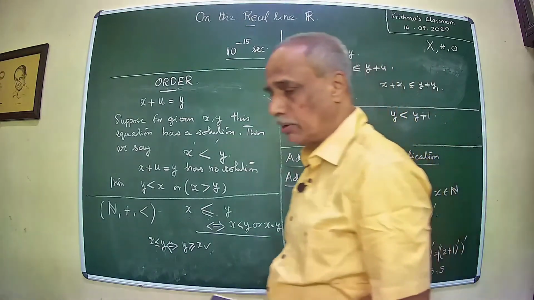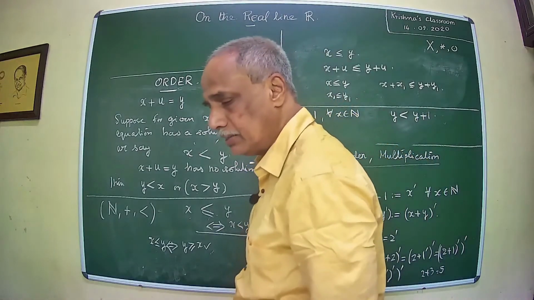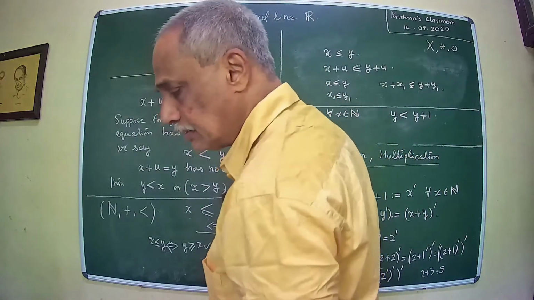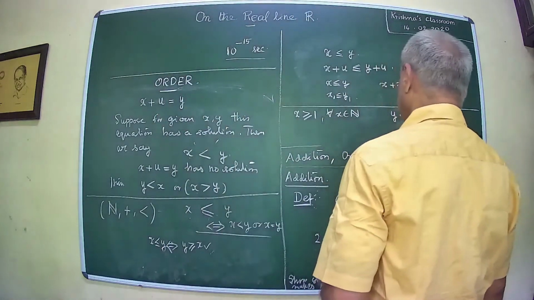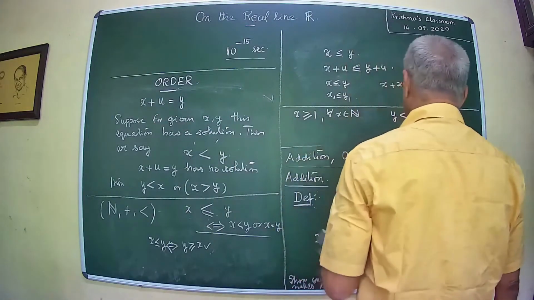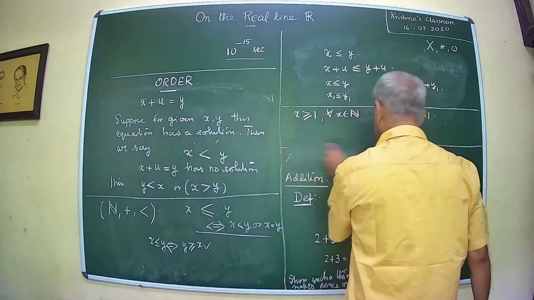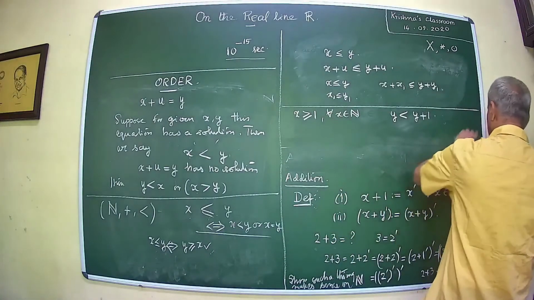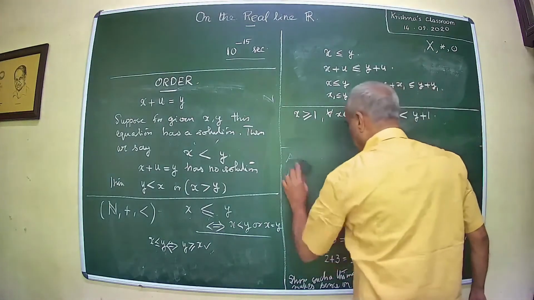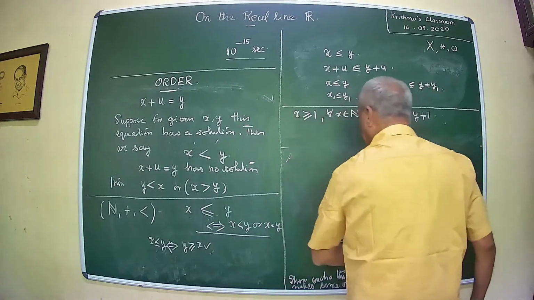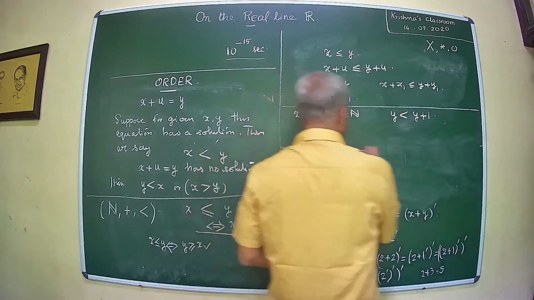Okay, y is not equal to y plus 1, y is less than y plus 1. So this property is right. Therefore, one of the things that you can say is that this is important.